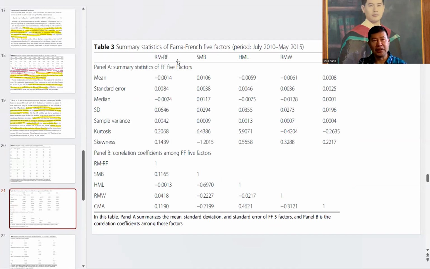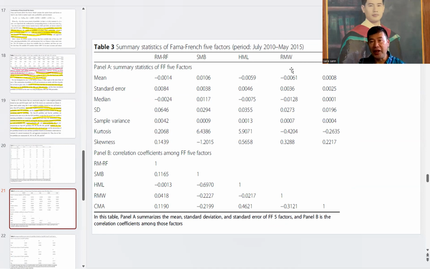So the result you can see here: RM minus RF, what is it called? It is the market factor. SMB, the size factor. HML, the book-to-market factor. RMW, the operating or return on equity factor. And CMA, the return on investment or investment factor.